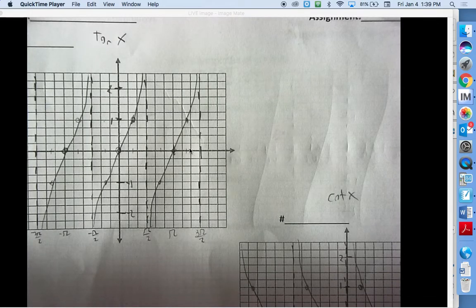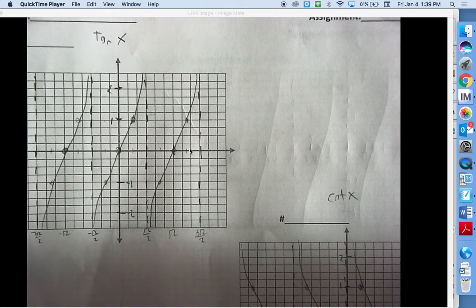A couple of things to notice about tangent: it's increasing, so a tangent graph goes up from left to right. That's one thing to think about when we're trying to write an equation. The other thing is where it's centered. Its starting point around an x value of 0 is an actual point at 0, 0.